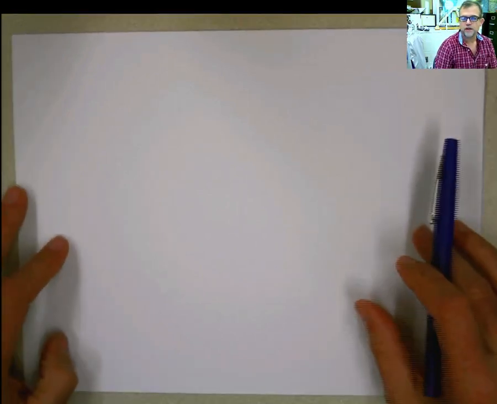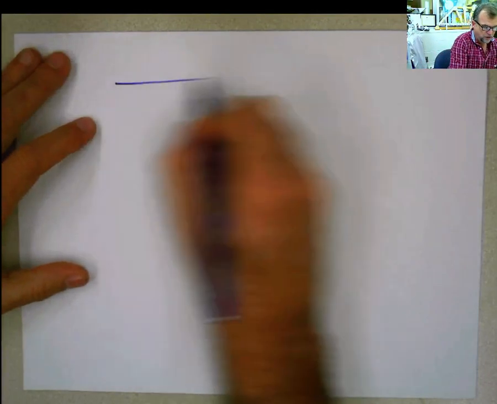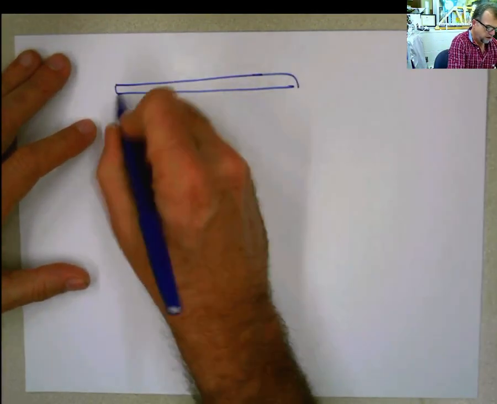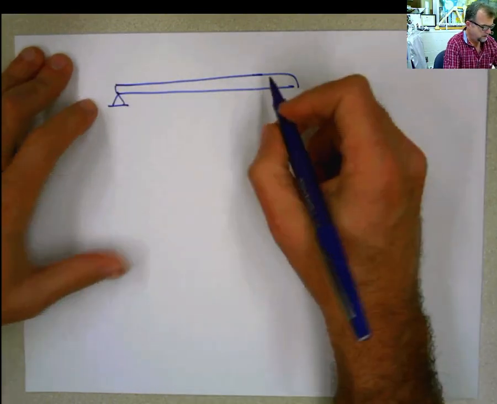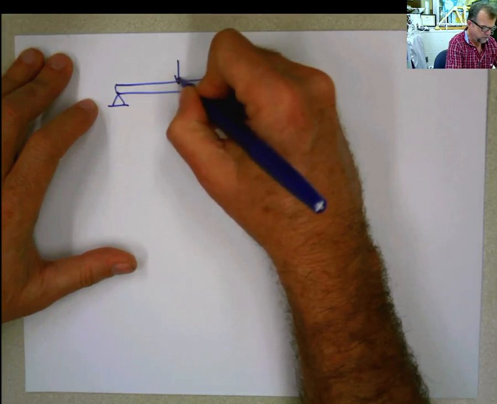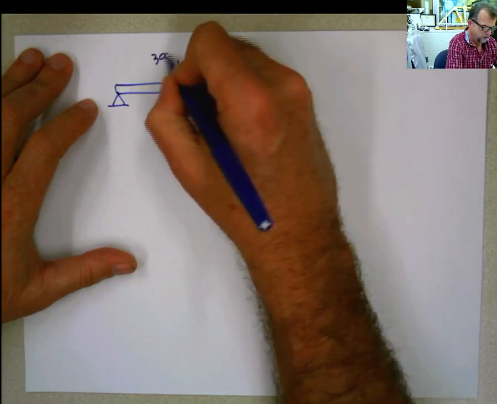This is the problem that I'm going to solve for you, and this is the explanation that I'm going to give you right now. Let's go with this other example, this other beam. Now we have a beam here. This is a simple support, this is a roller, and then you have a force applied here of 300 Newton.